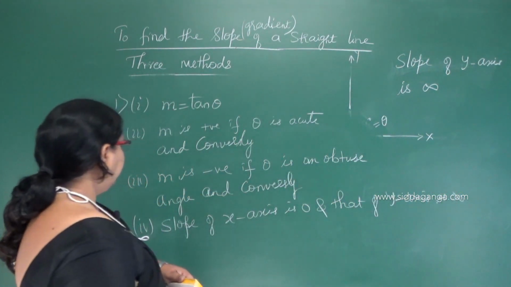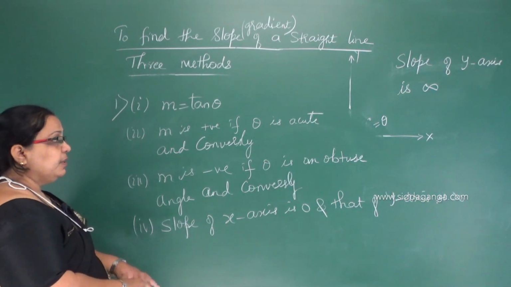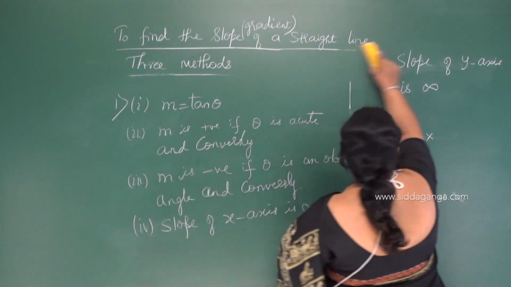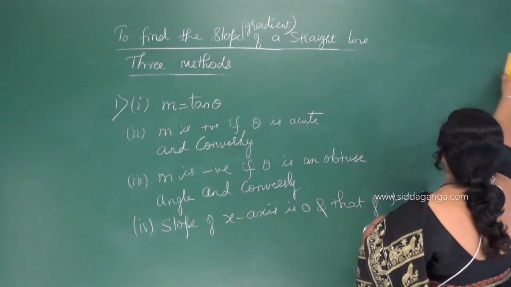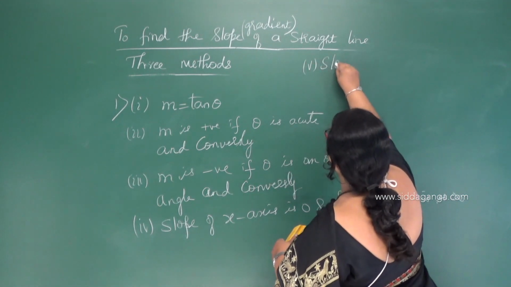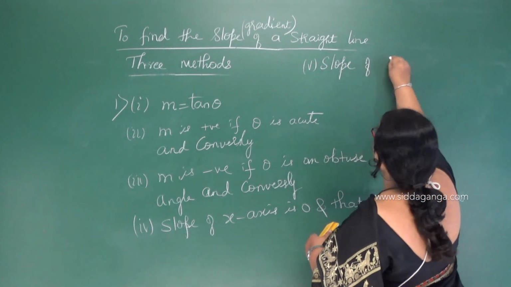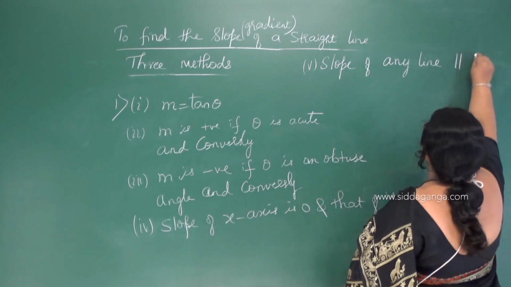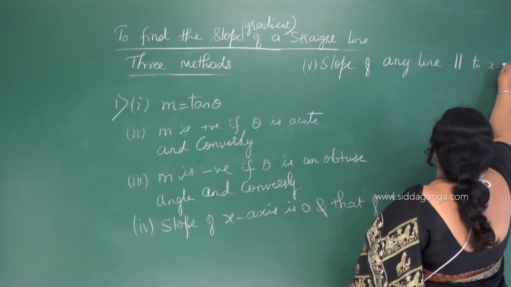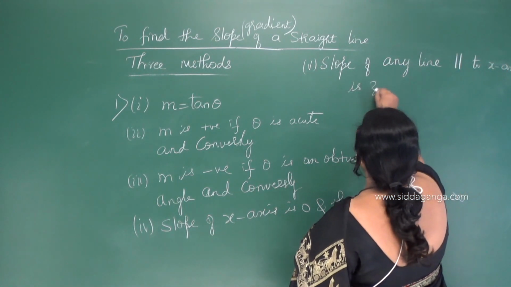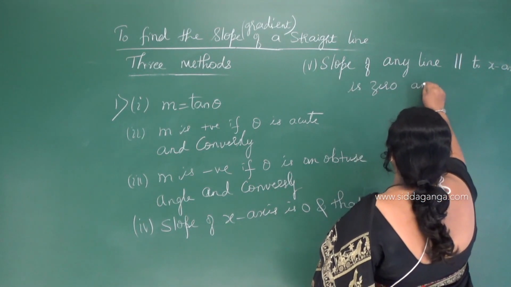So that is the fourth point. Next, fifth point is here, slope of any line parallel to x-axis is 0 and conversely.